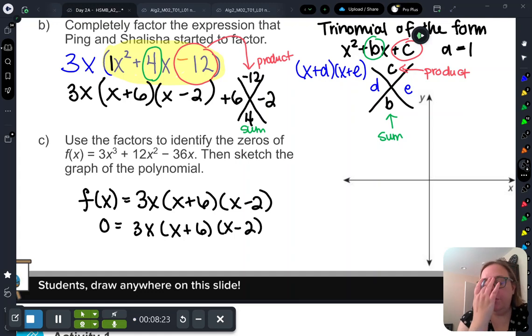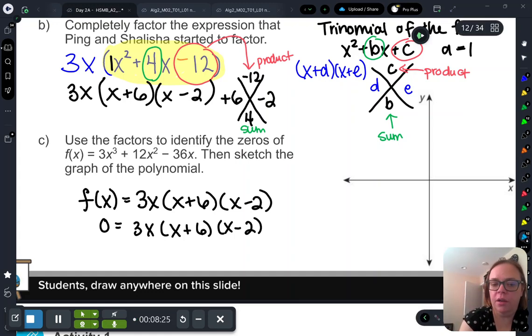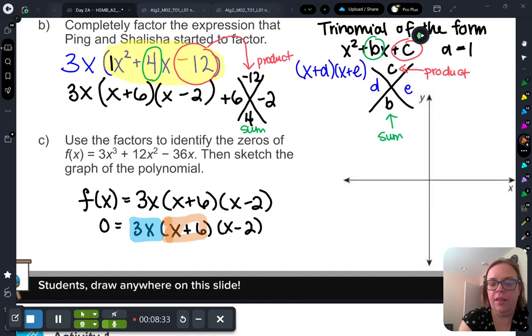So there are 3 main factors here. We're going to use the zero product property, which says that if the product is 0, then they have to be 0, essentially.